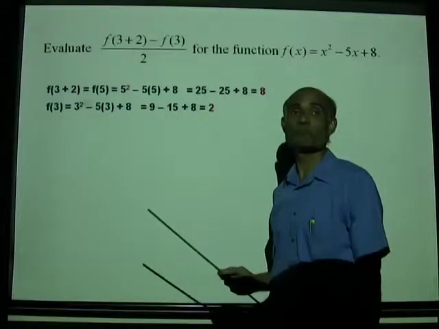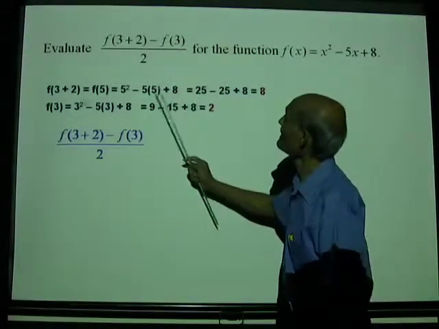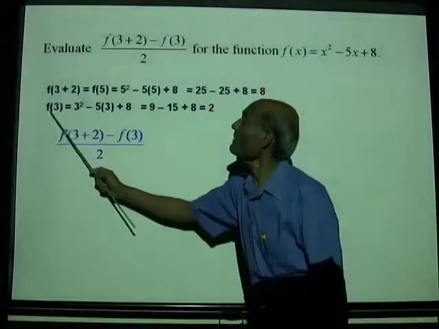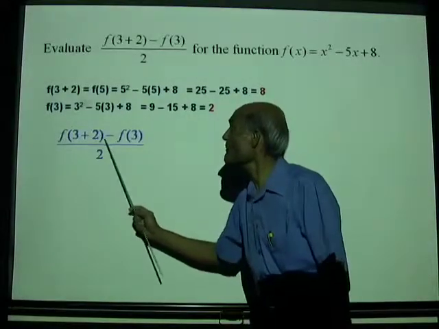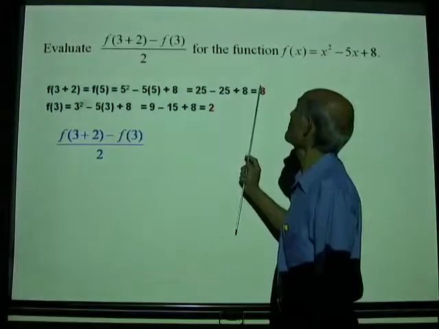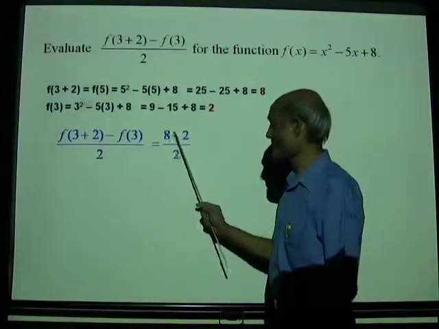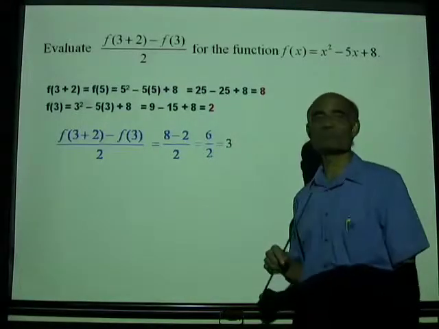And f of 3 is 3 squared minus 5 times 3 plus 8. Replace your x by 3. That gives you 2. So what is the change in the function value? The f of 3 plus 2 is 8. F of 3 is 2. Therefore, what is f of 3 plus 2 minus f of 3? That will be 8 minus 2 on the numerator. So that will be 8 minus 2 over 2, and that's equal to 3.